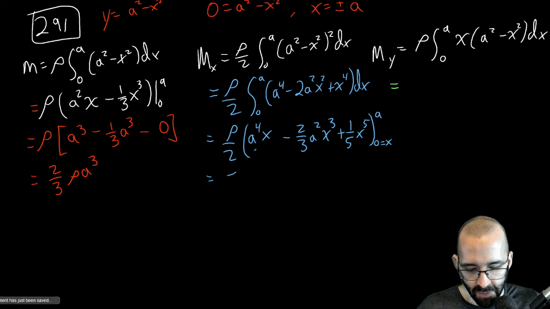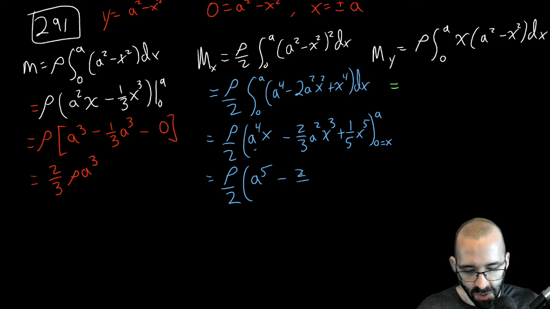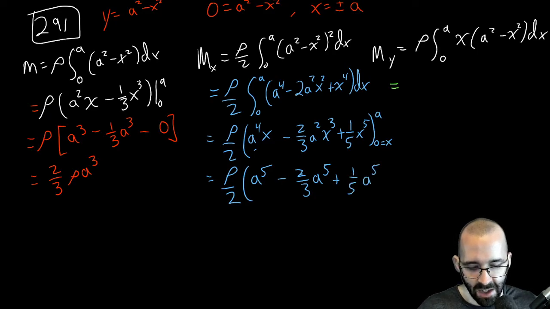All right, so that gives us rho over 2. When x is a, this becomes a to the 5th minus 2/3 a to the 5th plus 1/5 a to the 5th. And when x is 0, it all zeroes out.